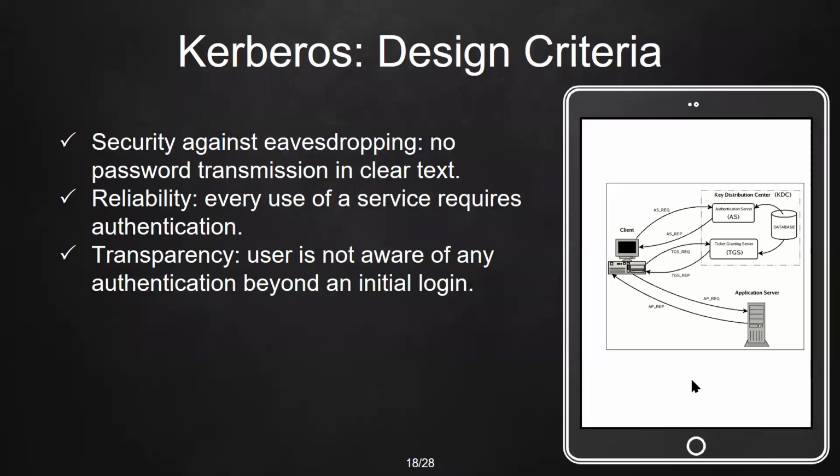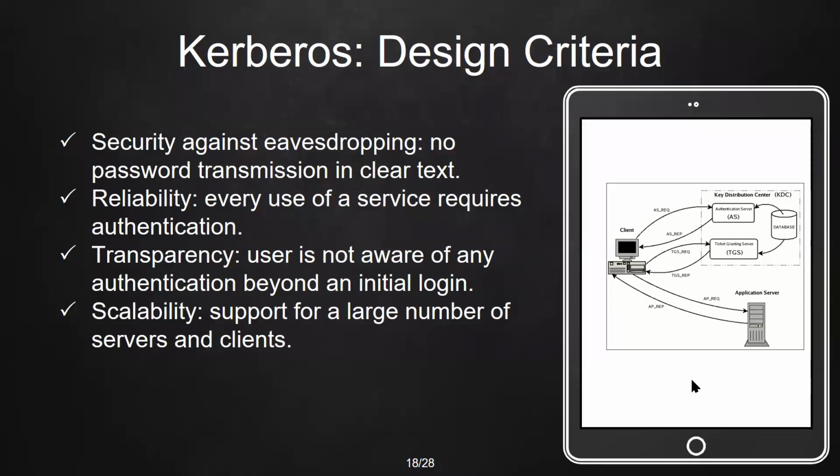Transparency: the user only needs to key in once, and does not need to figure out how it is related to the respective system, because it is done in the background. Scalability: we can have one single sign-on system to cater to multiple systems.